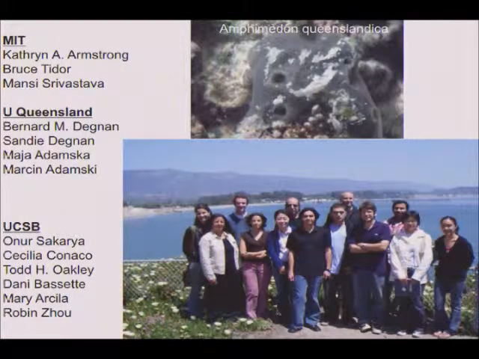He then handed the network analysis over to Cecilia Conaco, right there, and Danny Bissett, who's not shown. Todd Oakley, whom some of you probably know, really helped me learn a lot about evolution and was very helpful early on with this project. Mary Arcila, who's actually right there, did all the sequencing, and Robin Zhu did the computation as the data came off the sequencer. Thank you.